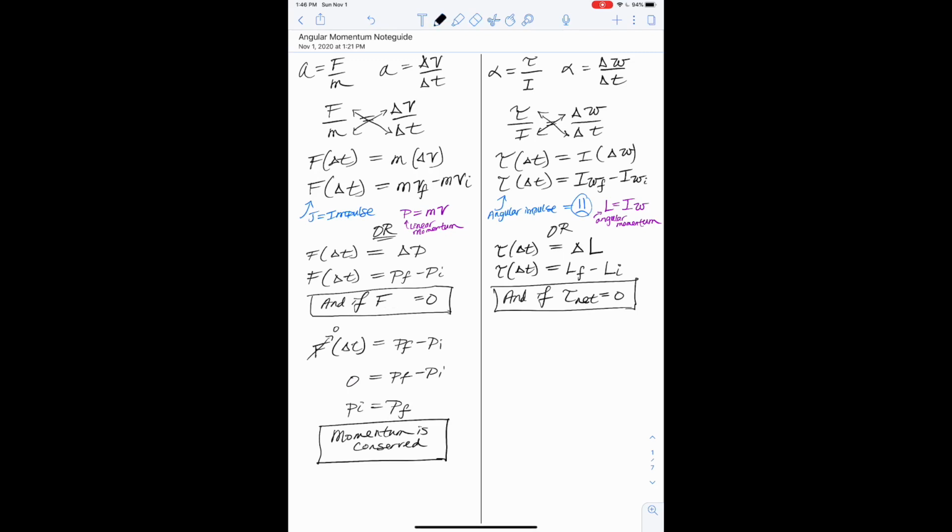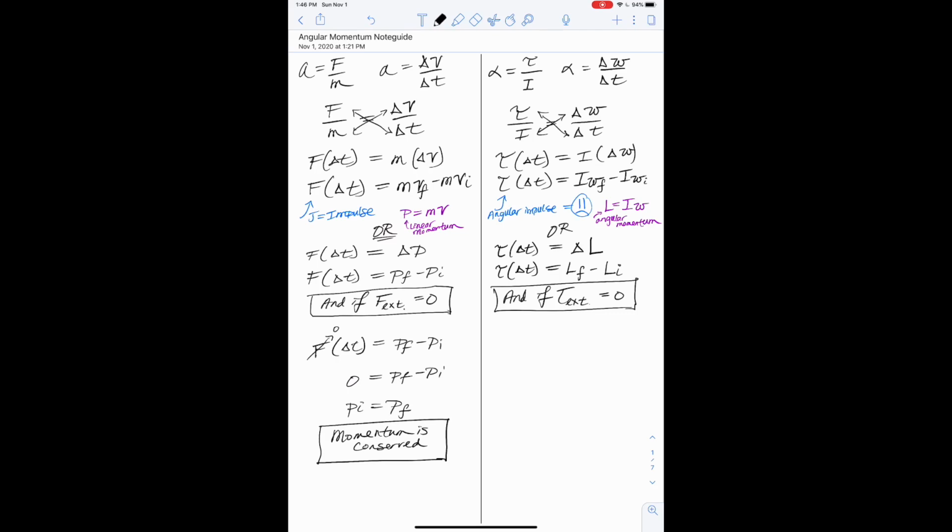It should be if force external equals 0, and if torque external equals 0, when there's no external forces, because there can be internal forces, and that's fine.